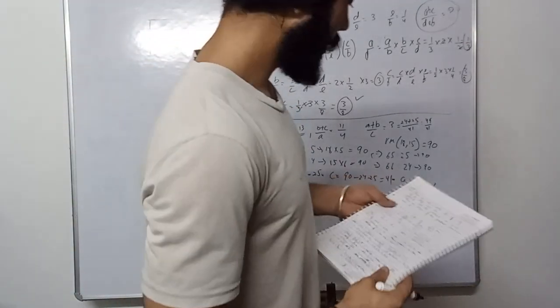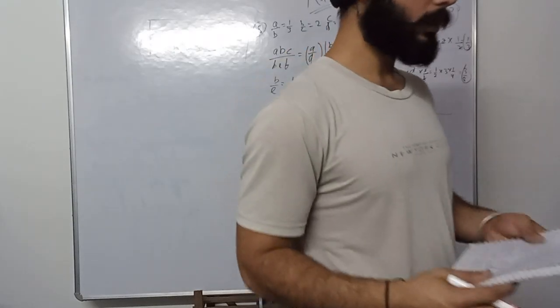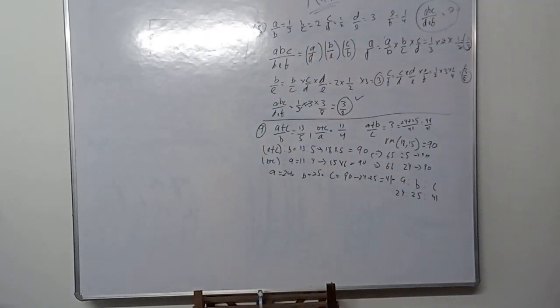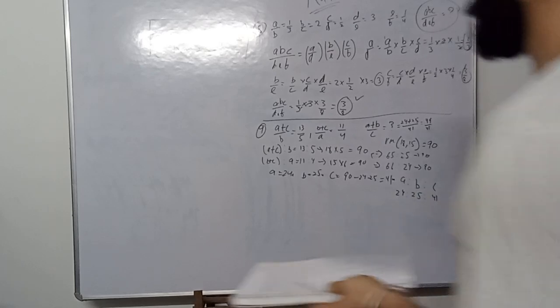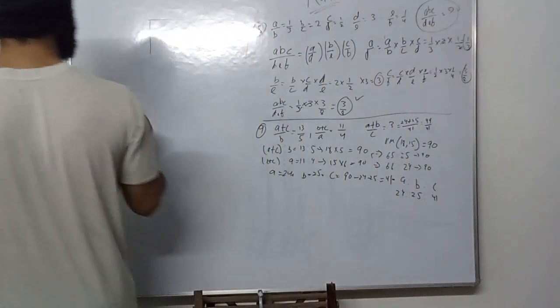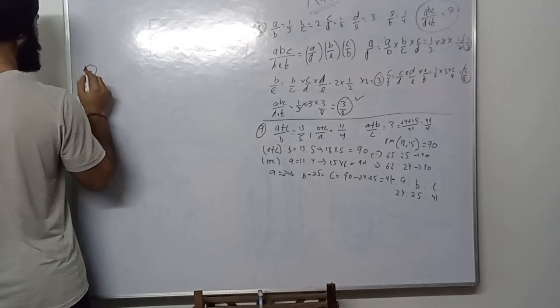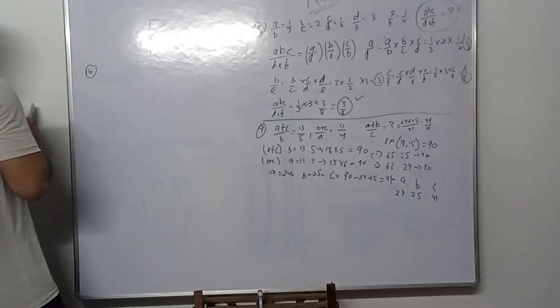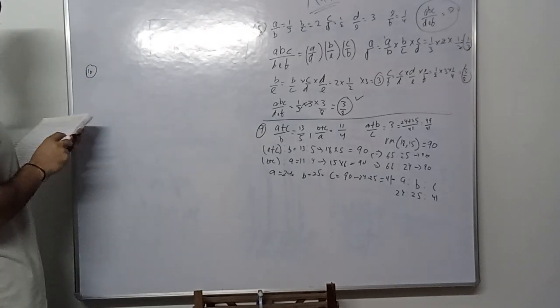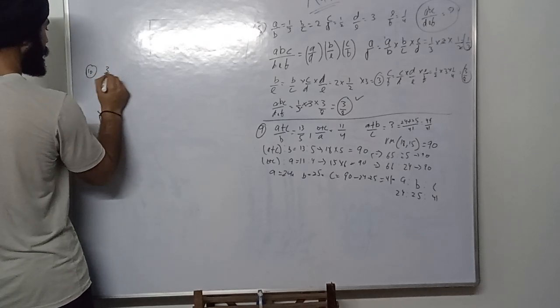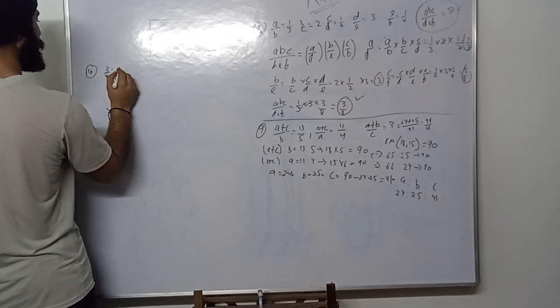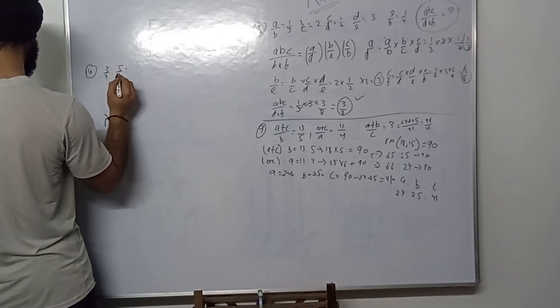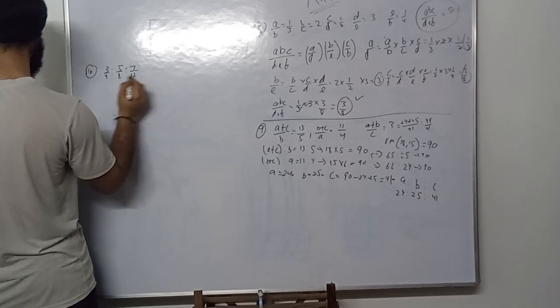So now there's question number 10. Three numbers are in the ratio 3 by 4, 5 by 8, and 7 by 12.